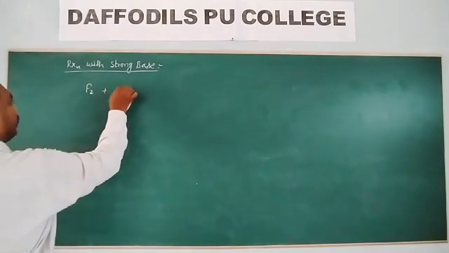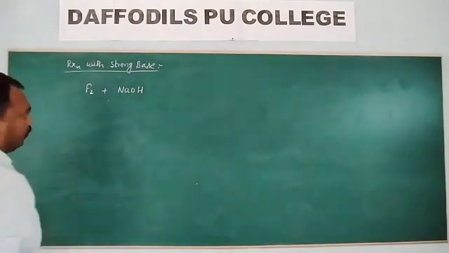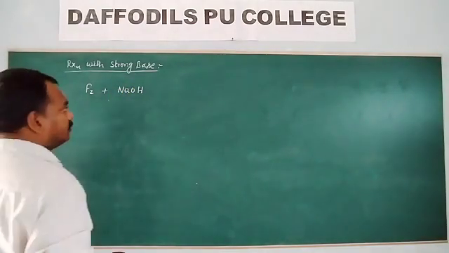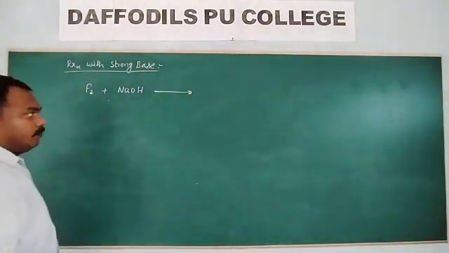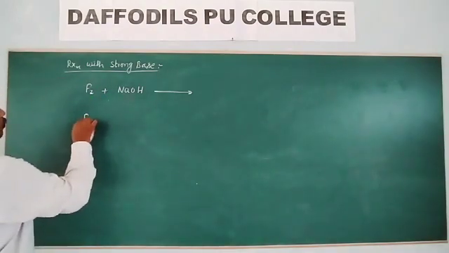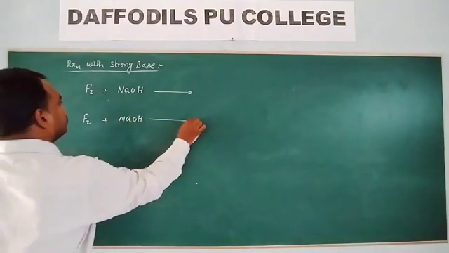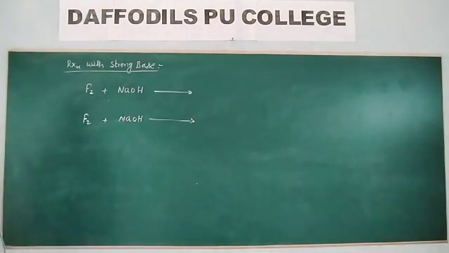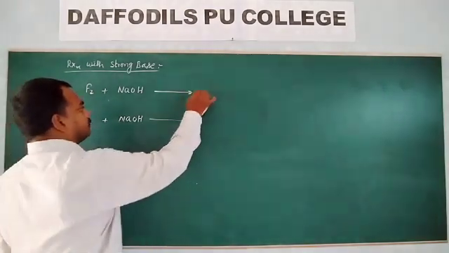When fluorine reacts with a strong base like sodium hydroxide, then we are going to get different products. So fluorine reacts with sodium hydroxide in two different ways.